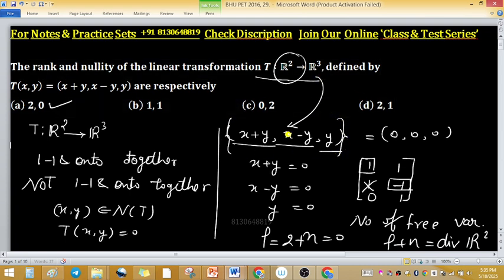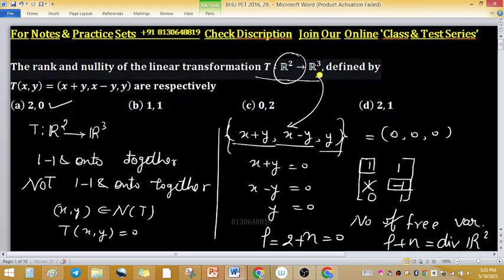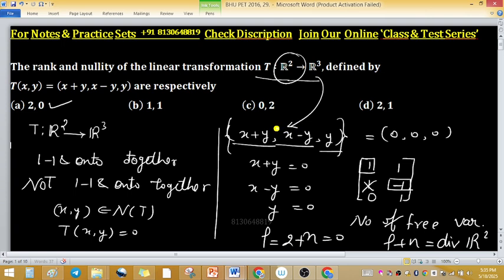That is why I am saying write this element as a linear combination of R cube basis and try to form the matrix. As in the very beginning of this video I said, write the matrix representation of this linear transformation, and you can easily find the rank.